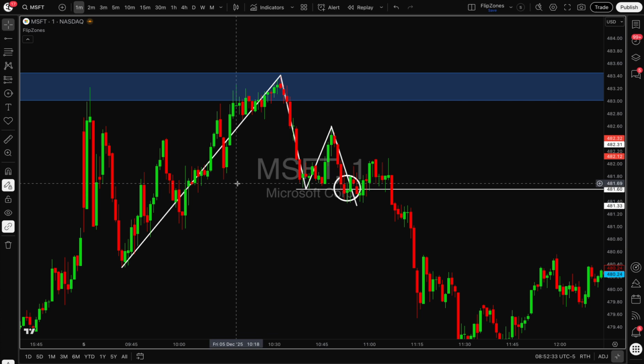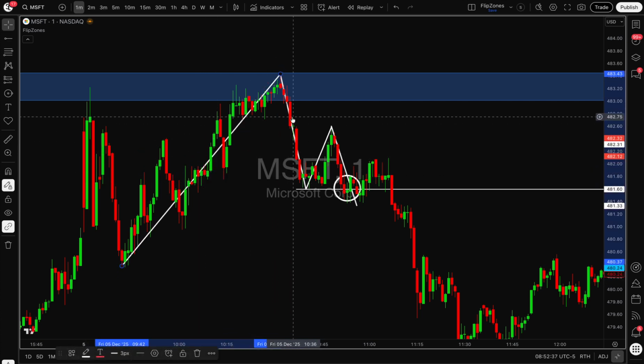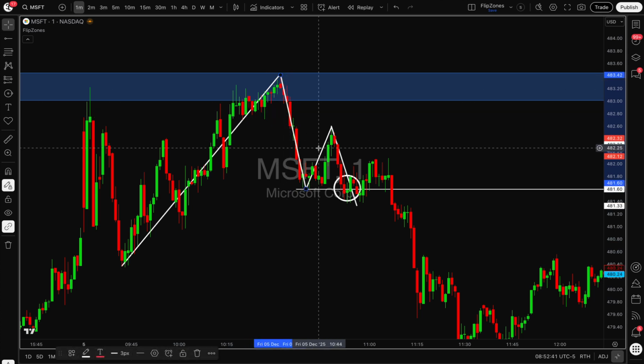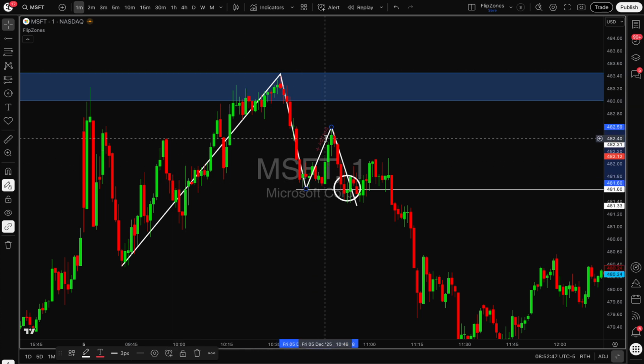You can think of it as first leg is the leg that hits the zone, second leg is the reaction from the zone, the third leg is the attempt by the opposing party, in this case the buyers, to continue in the direction of the first leg.